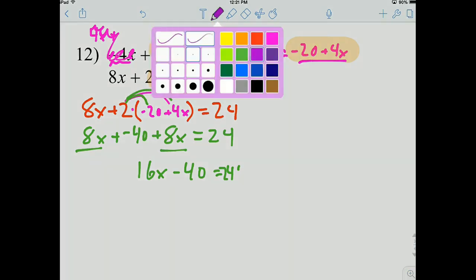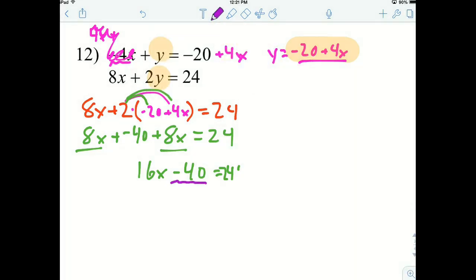We continue on by saying I want to get that negative 40 off this side so I can get x alone. So I add a positive 40 to both sides. Then negative 40 and positive 40 go away, leaving me with 16x equals 24 plus 40. That's going to be 64.